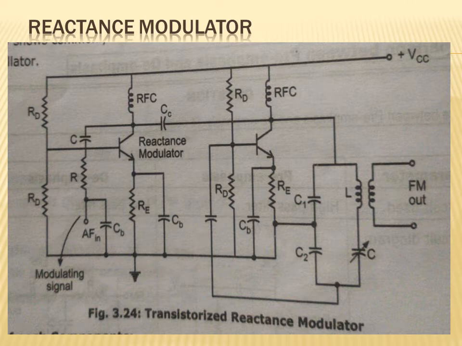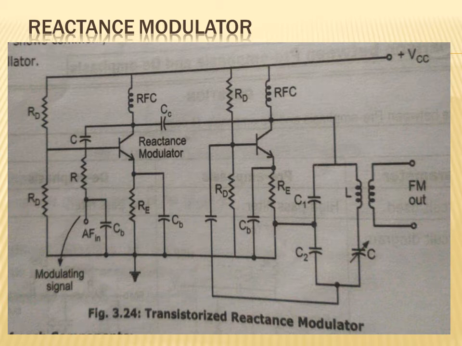The reactance of Q1, the first transistor, changes. This reactance appears across the oscillator circuit. As this reactance is in parallel with the oscillator circuit, the output of the oscillator circuit changes in accordance with the modulating signal. So it produces the FM signal.